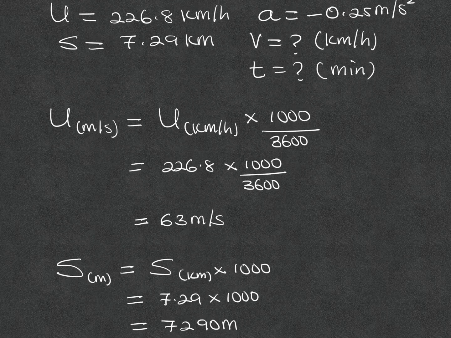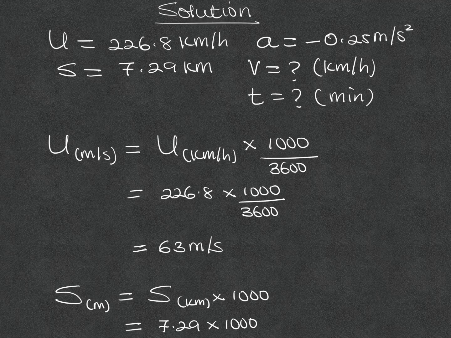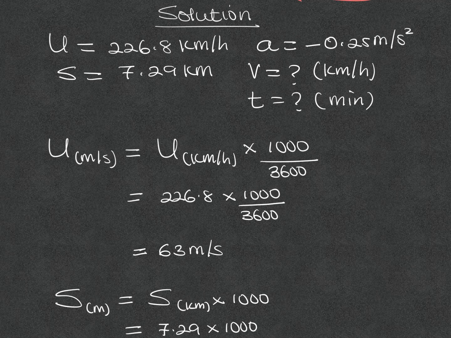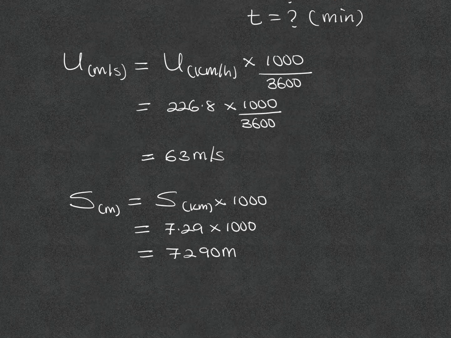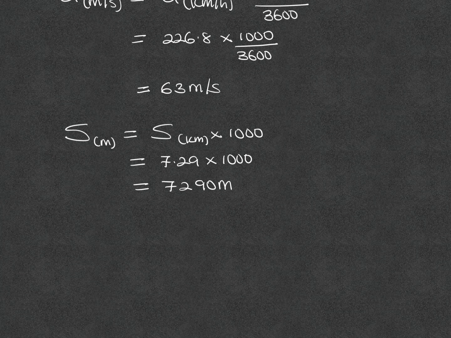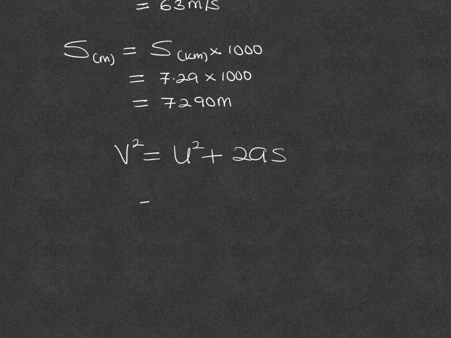Then what can we do to find v if we have u, a, and s? So if we use the formula, v squared is equal to u squared plus 2as, we can find v.